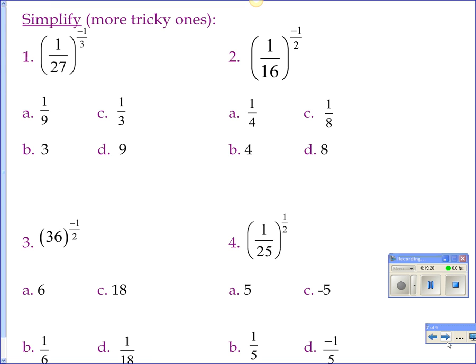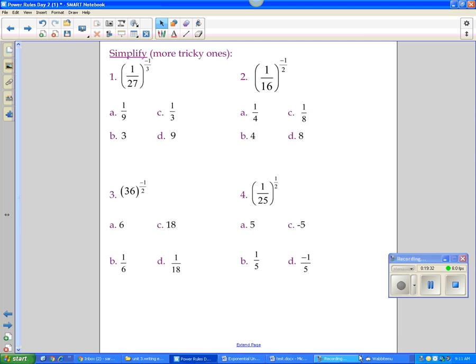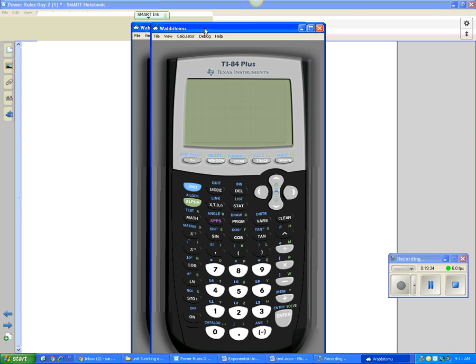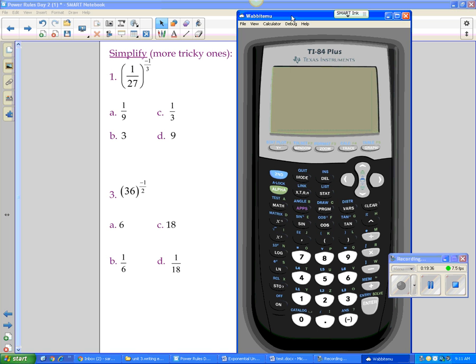Okay? What you're going to have to do is use your calculator, just like we did yesterday when we had a big number and a little number. So in my calculator, I'm going to type in parentheses. Everybody do this with me, please. Parentheses 1 divided by 27.